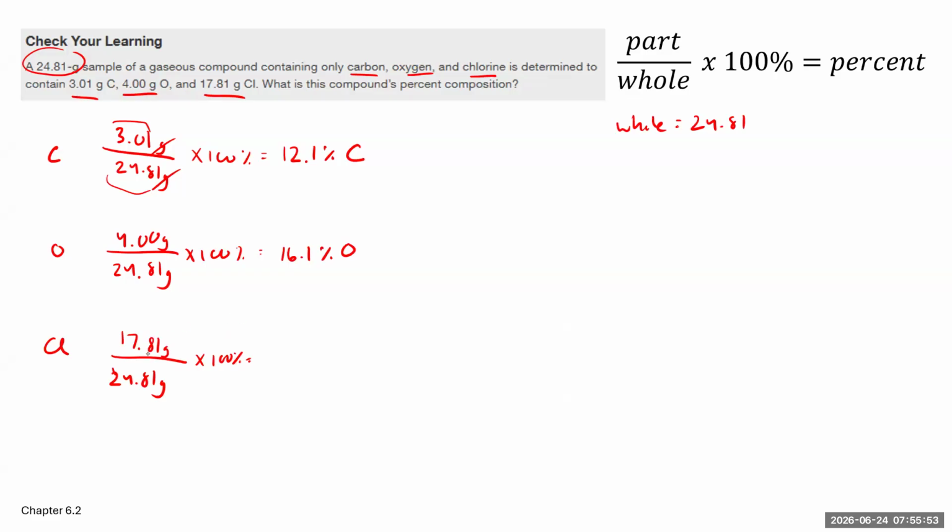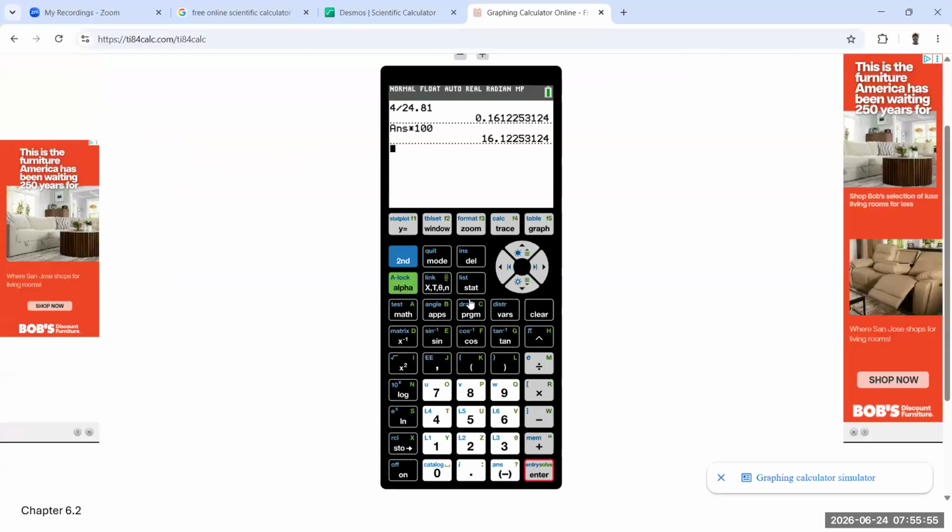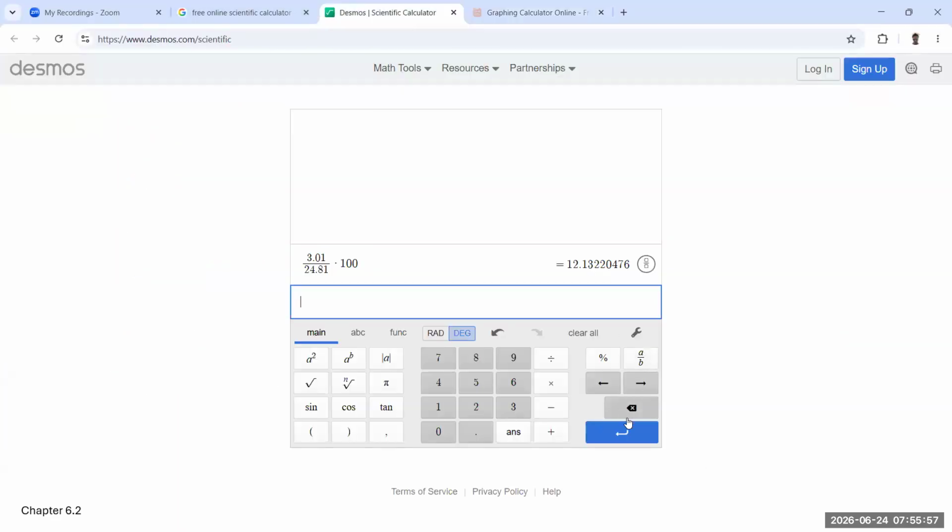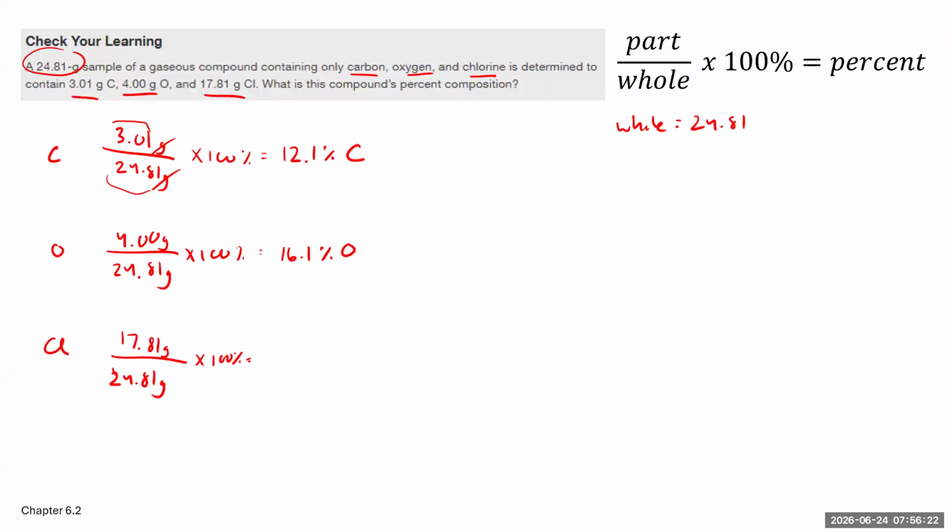And then this is 17.81 divided by 24.81. So let's go back to here. 17.81 divided by 24.81. Move it over a little bit. 71.79 because we have to round up.